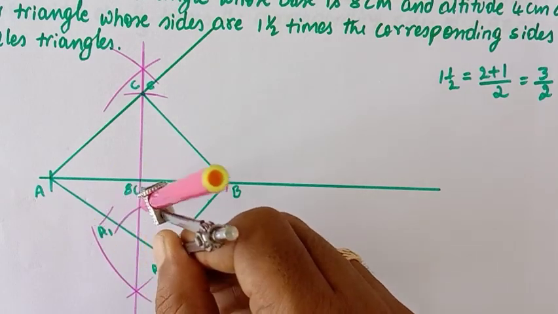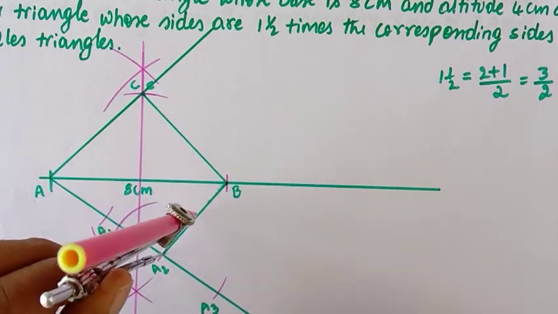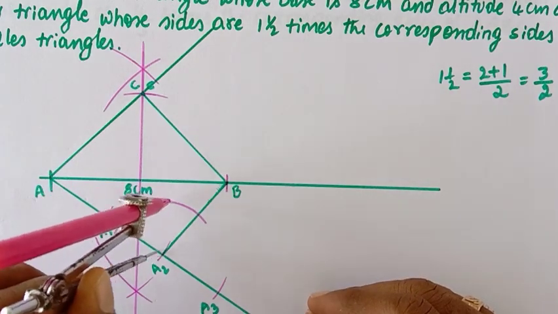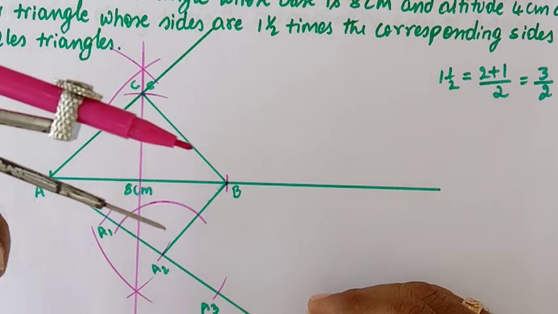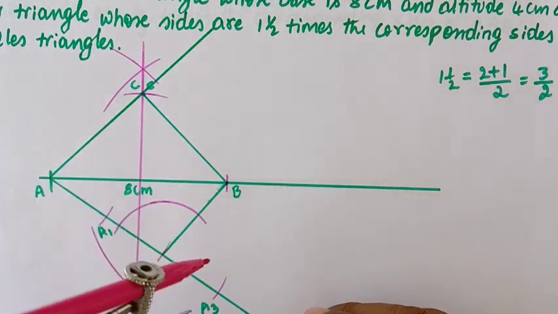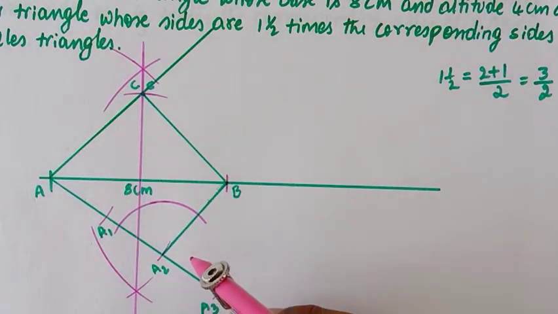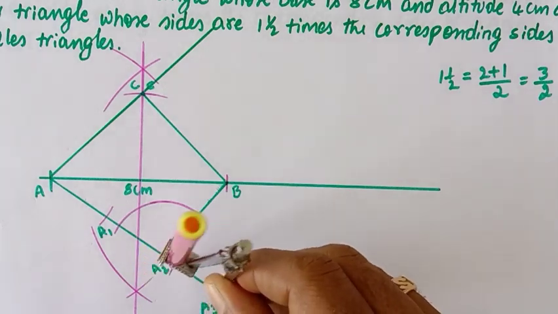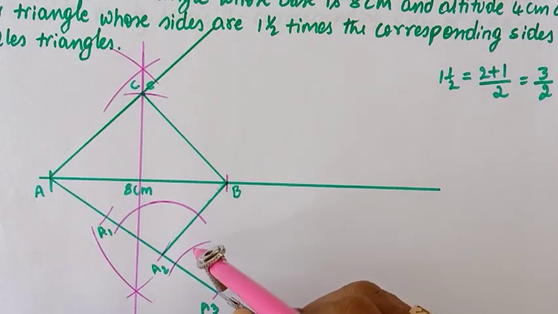Okay, and I will be cutting an arc. I cut an arc. Yes, finished now. I will take the same length of the compass, and I will draw an arc of the same length from A3, which cuts the line AX.